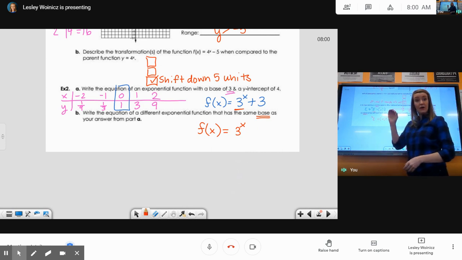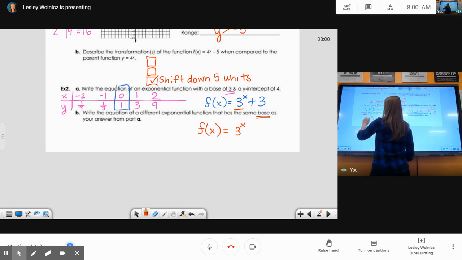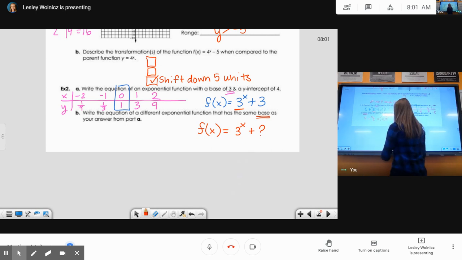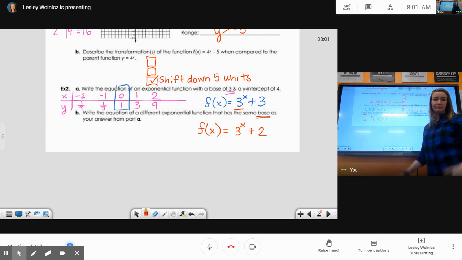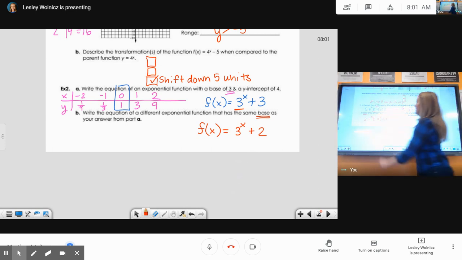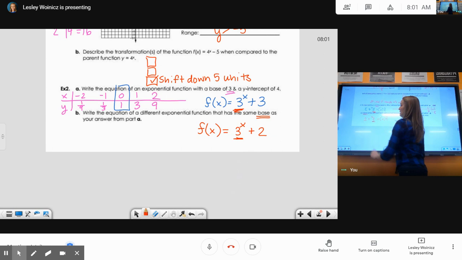I can put plus 0, I can put plus 1, minus 5, plus whatever you want. All right, I'm going to put plus 2. And that's it. These just have to match the bases, same base.